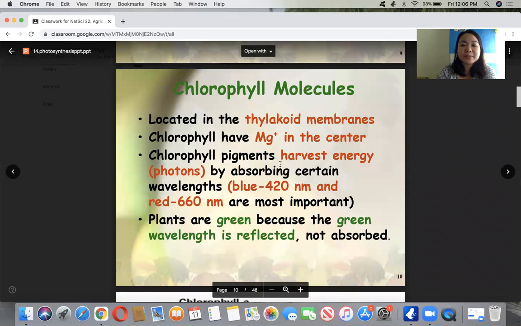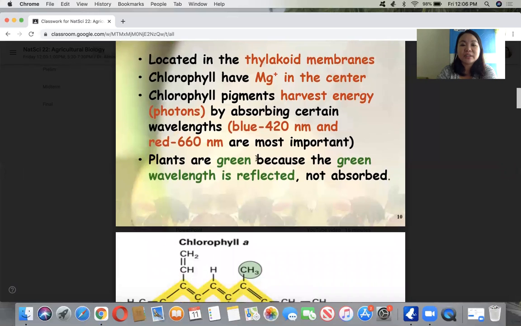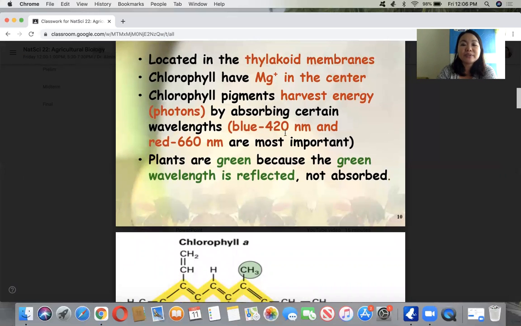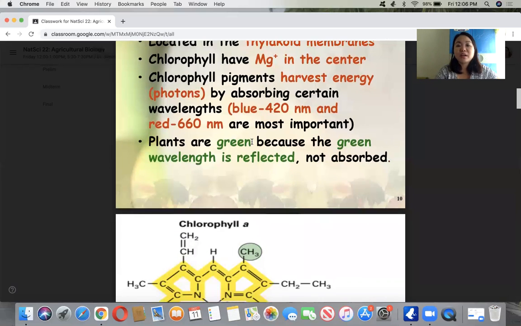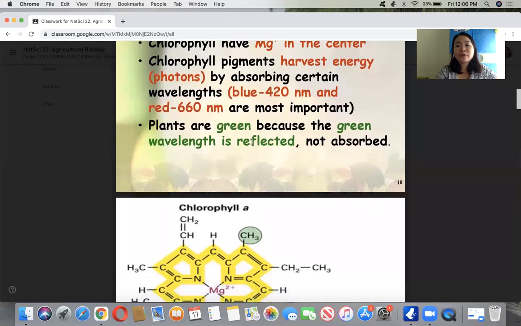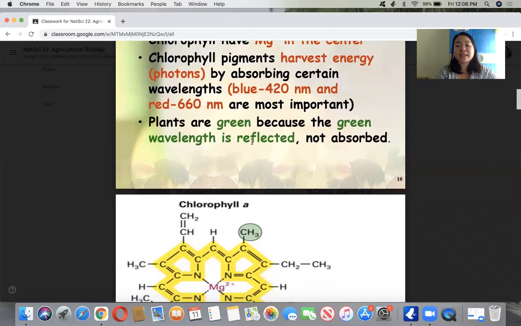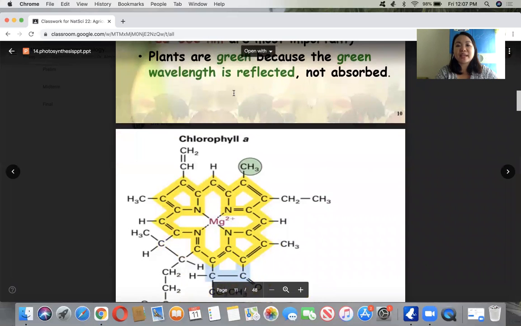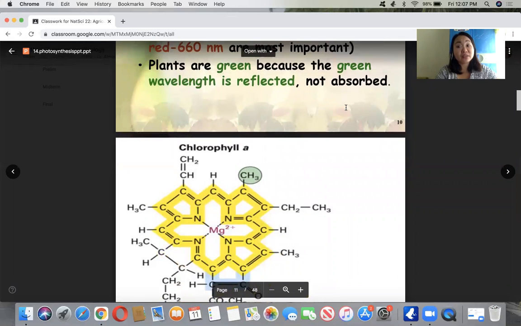The chlorophyll pigments harvest energy, photons, by absorbing certain wavelengths, from 420 nanometers, or the blue, to the red at 660 nanometers, which are the most important for photon or wavelength absorption. And plants are green because the green wavelength is reflected and not absorbed.